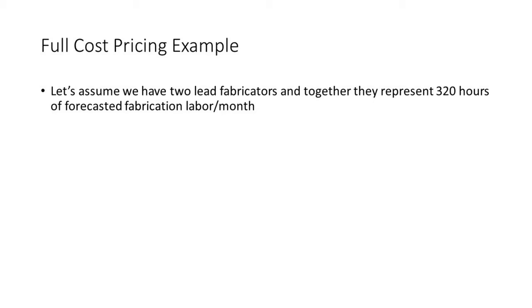Now let's assume that we have 2 lead fabricators, and so together they represent 320 potential hours of forecasted fabrication labor per month. Each of them works 40 hours a week, 4 weeks in a month. That's how we get to 320 hours.